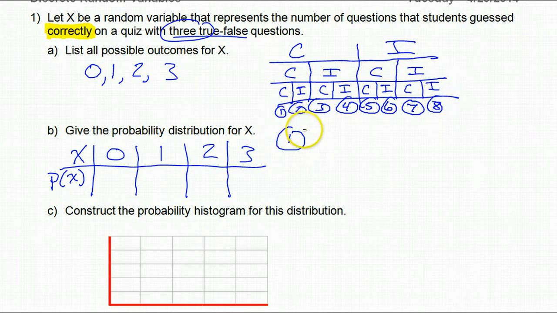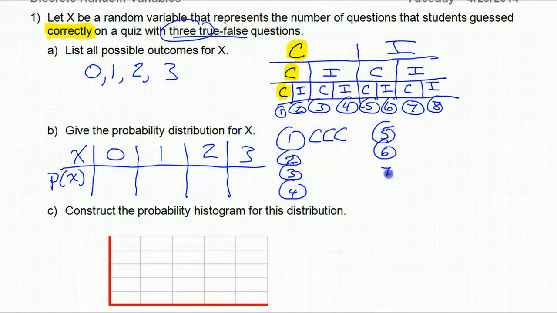Outcome number 1 is like this: you got the first question, second question, and third question correct. So that's C, C, C. I'll label the rest 2, 3, 4, and then 5, 6, 7, and 8.